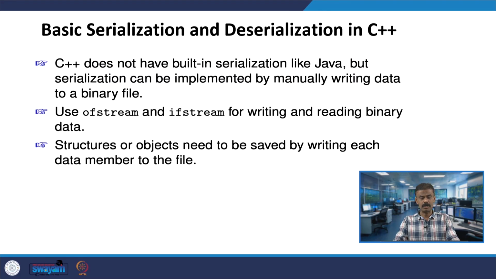When we talk about C++, it does not have inbuilt serialization, whereas languages like Java have the concept of inbuilt serialization. So, in C++ we can write our own code. Also, we use streams: the output file stream and the input file stream for writing and reading the binary data.